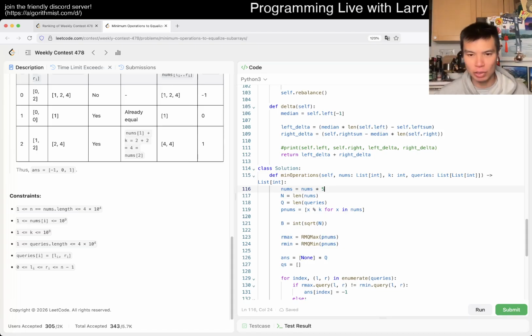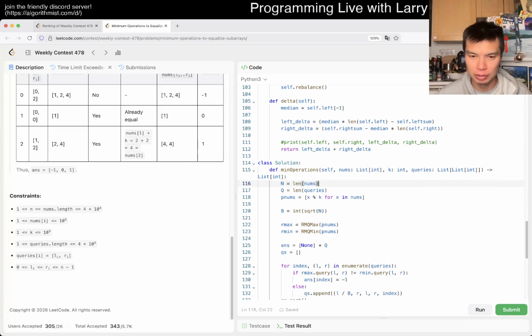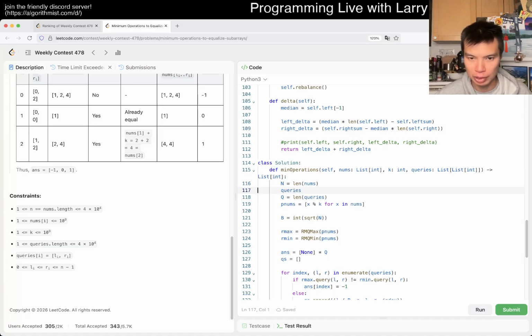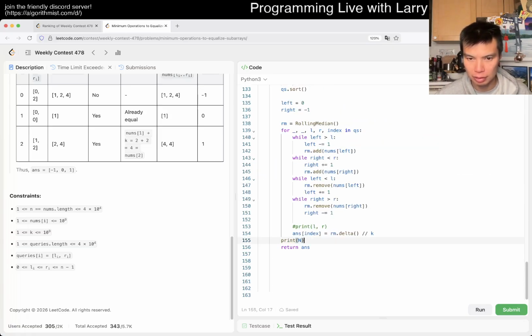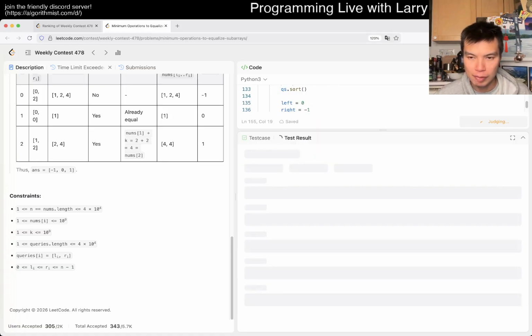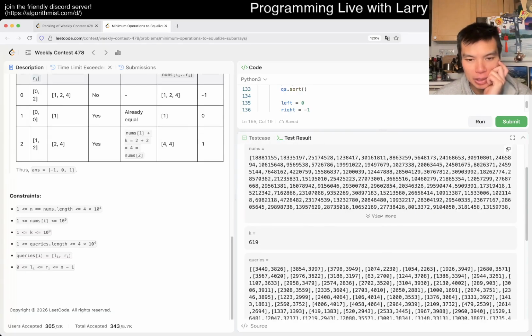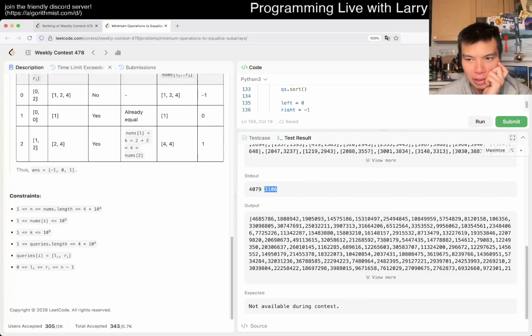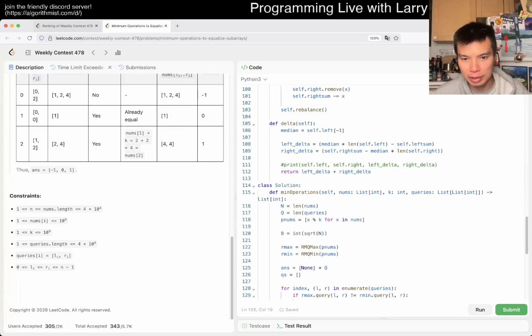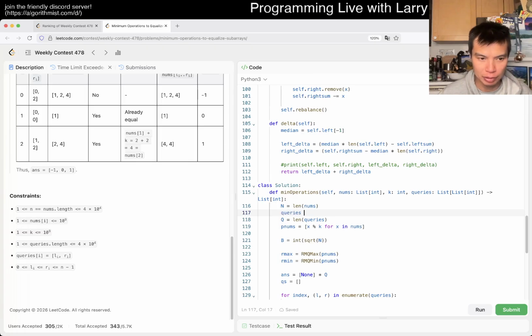Well, maybe it's just slow on the queries, not this, so maybe that's why. So how many queries do we have actually? So n doesn't matter as much, queries 3000, right? So maybe we do something like the same thing as before.